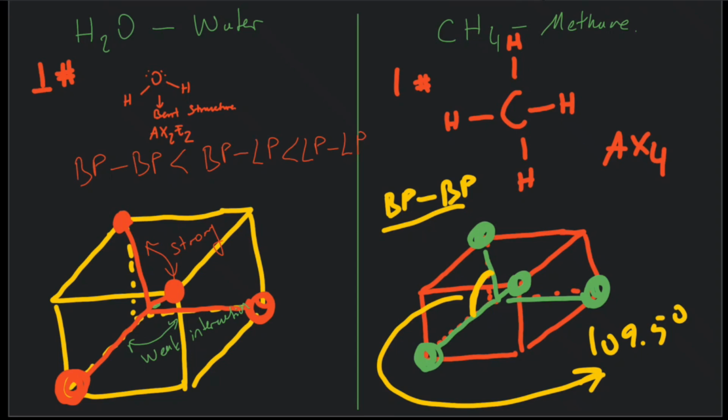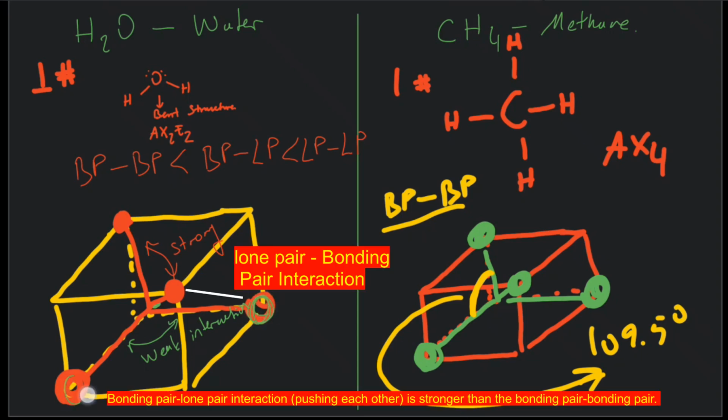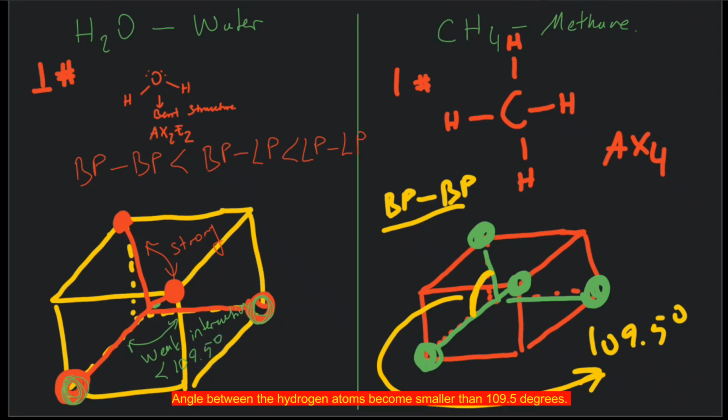If the interaction between the hydrogen atoms is weaker than the lone pair interaction, this angle should be less than 109.5 degrees. And this is true actually. And the water molecule has a 104.5 degree bond angle.